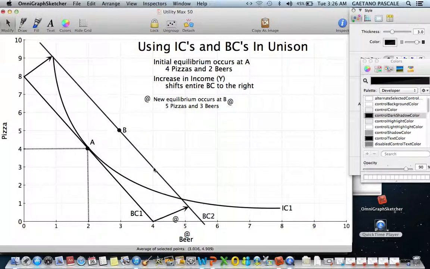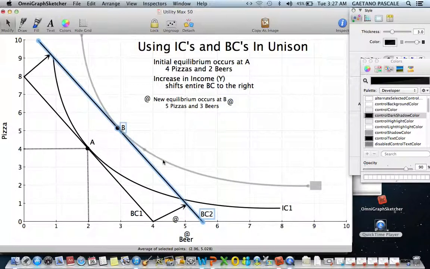Let me draw this in a little bit better. So our budget constraint shifts to the right. What do we need to do? We need to be just tangent to the indifference curve that's just touching the budget constraint.